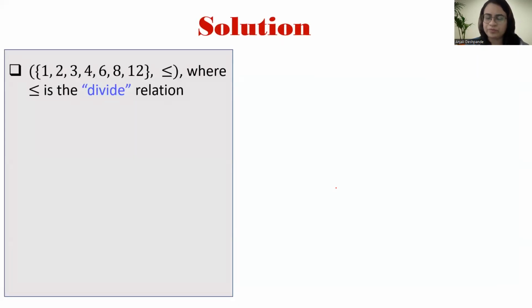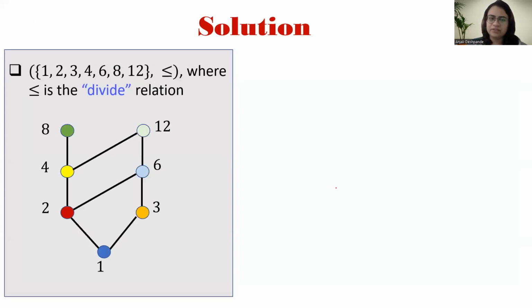Okay, so I hope you might have tried drawing the Hasse diagram. First is the divides relation. This will be the obtained Hasse diagram for your relation. So here, if you see, 1 divides all other elements in the set S. That is why it will be at the bottom.